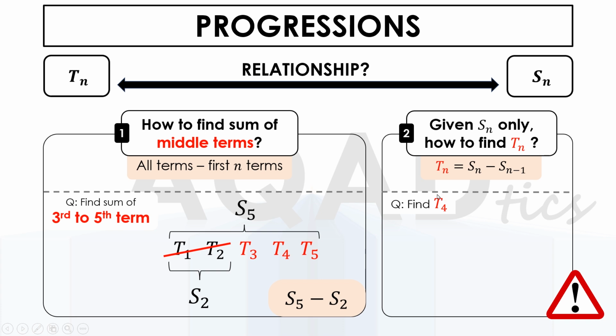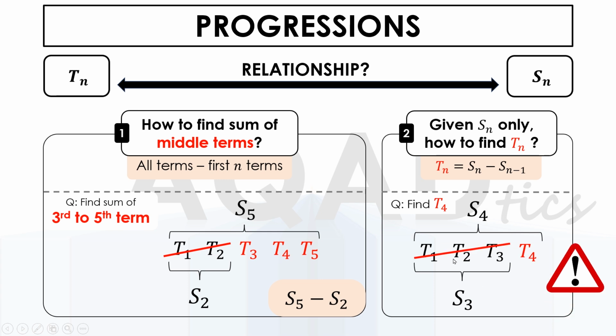Since it is until T4, let's list the first 4 terms. Okay, and then using the same technique, let's find the sum of all the terms first. So this one is S4, and then let's find the sum of the terms that we don't want, which is the first 3 terms or S3. So to find T4 is S4 minus S3, right?